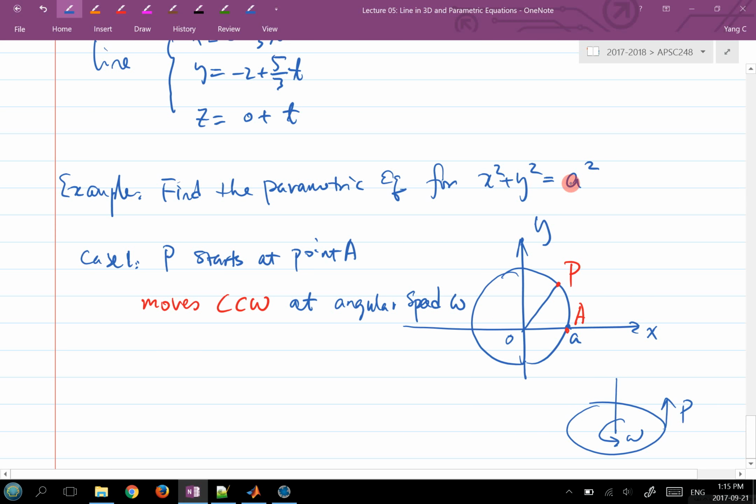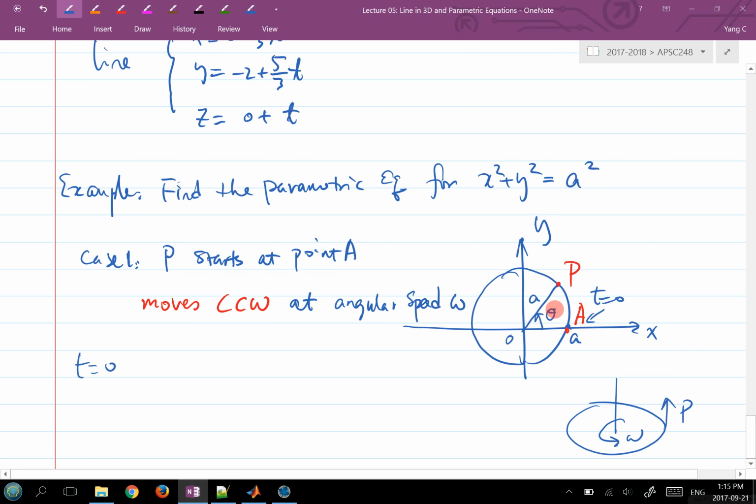Say it starts at A, which is your t equal to 0 moment. As it moves away from the x-axis, it traces out an angle theta between OP and the x-axis.